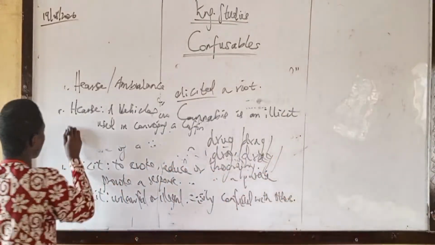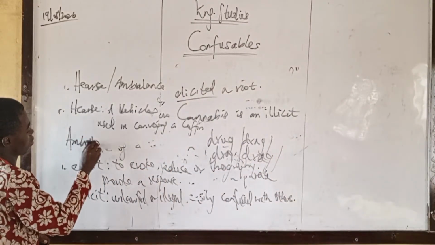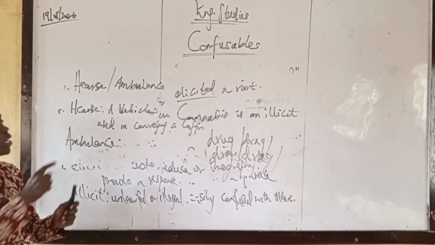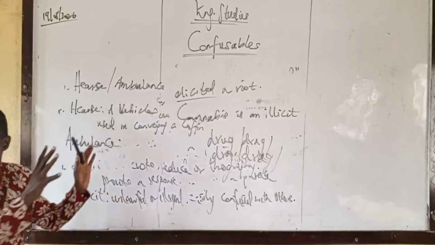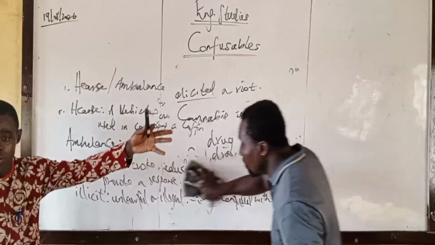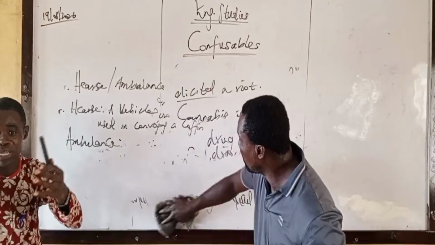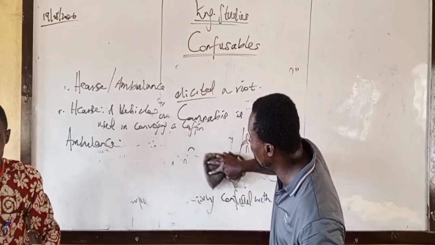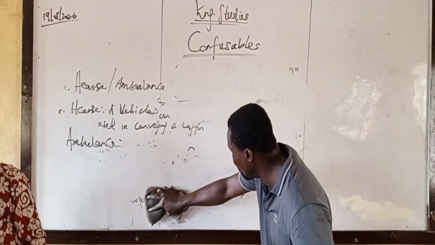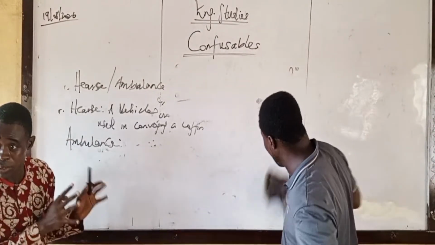How about ambulance? The difference now, ambulance. You know the importance of this? Under register, when you are given skeletal work and some words will be omitted, you will know when to use ambulance and when to use hearse. That's the essence of this number two, the confusables.